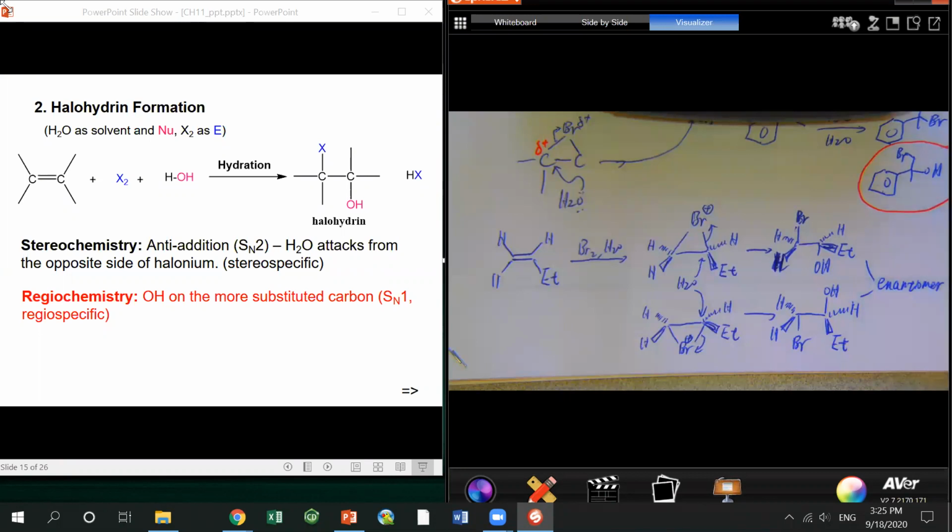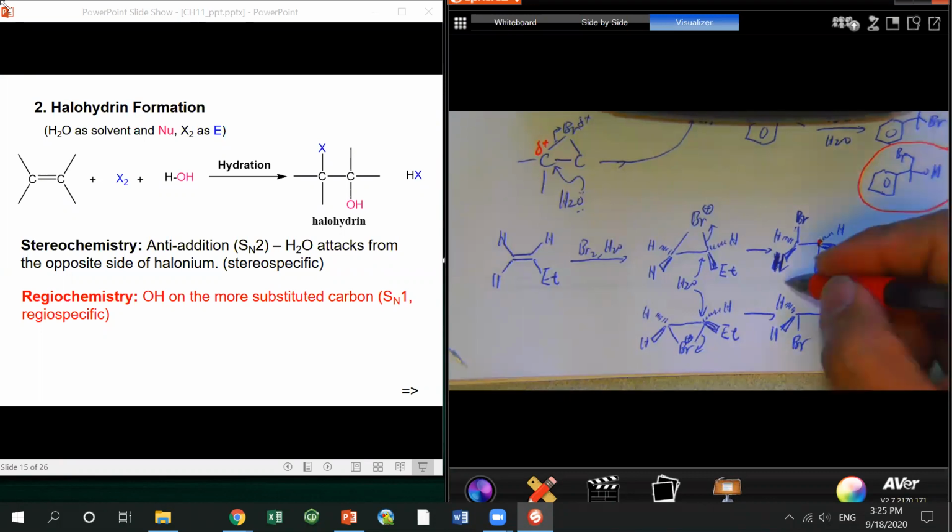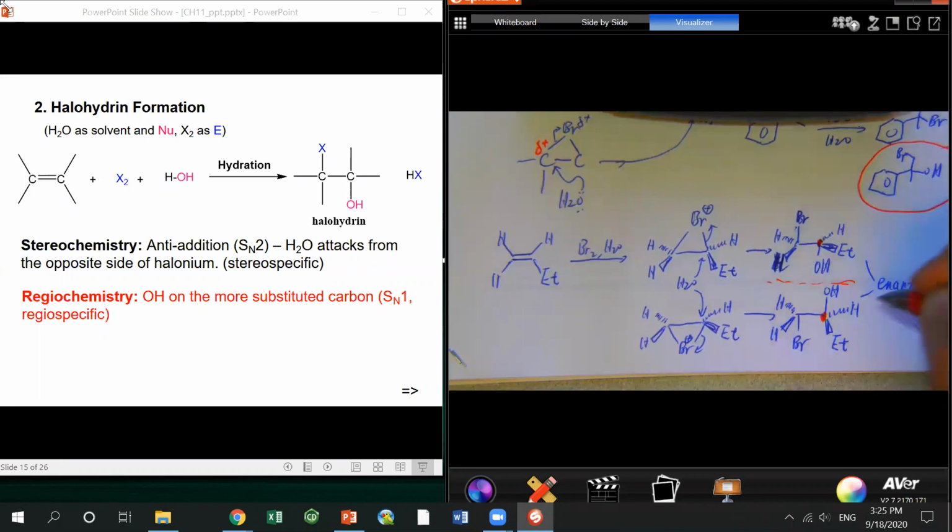You combine R and S, so there's only one stereocenter. For this pair of molecules, this one and this one, if you look clearly, these two are mirror images of each other, non-superimposable.